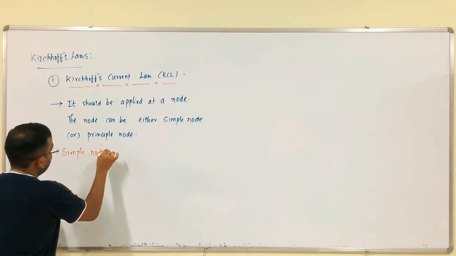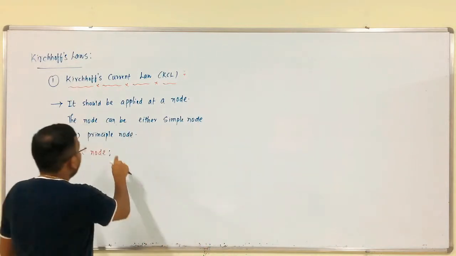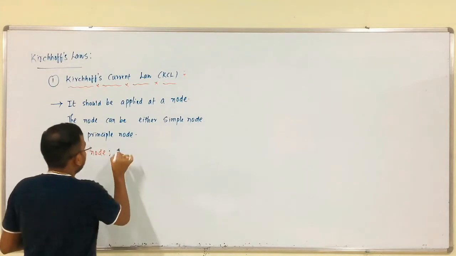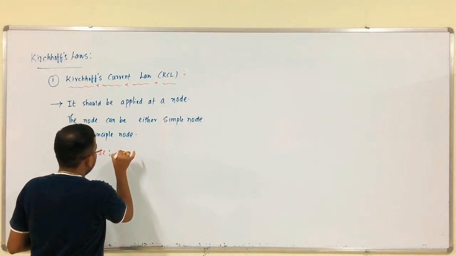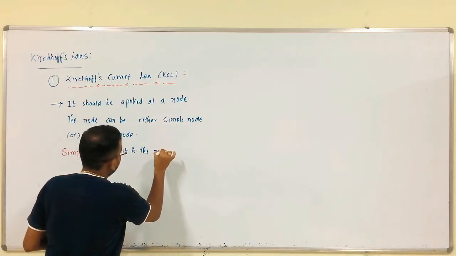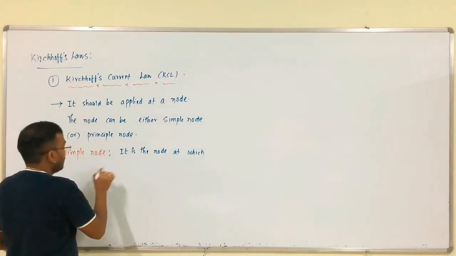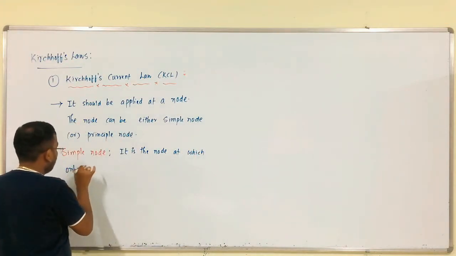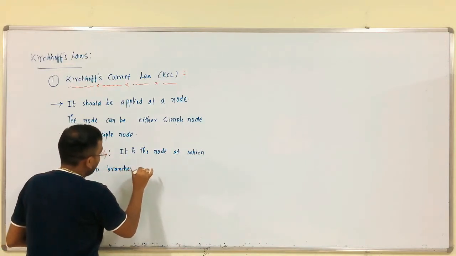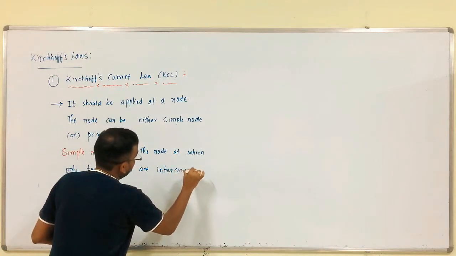Simple node. Simple node means what? It is the interconnection of only two branches. It is the node at which only two branches are interconnected.